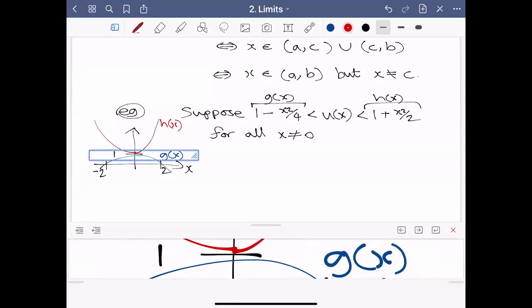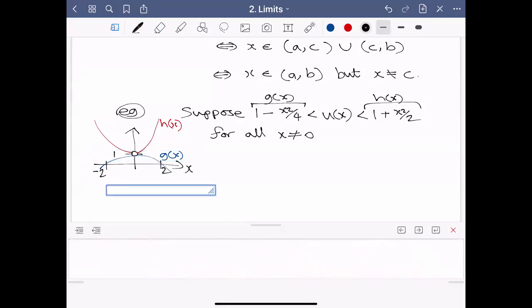Okay, and let's put another circle here to show that we're not counting x equals 0.